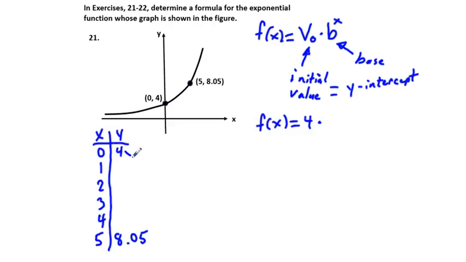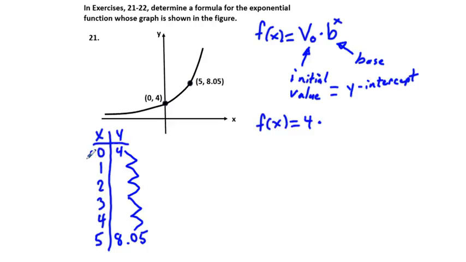And so some number times 4 is going to equal the output for x equals 1. And then that output is going to be multiplied by that same number again, and then again to get where x equals 3, again to where x equals 4, and again to where x equals 5, which is 8.05.